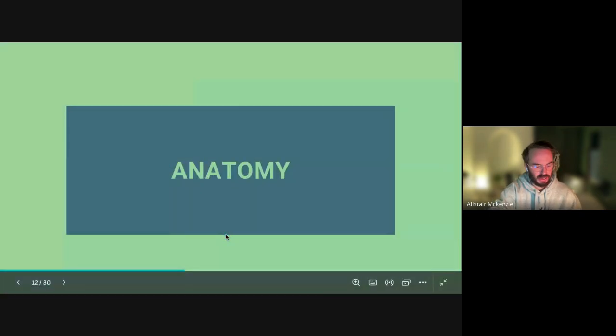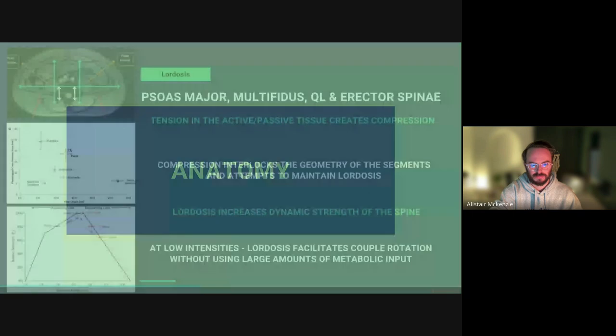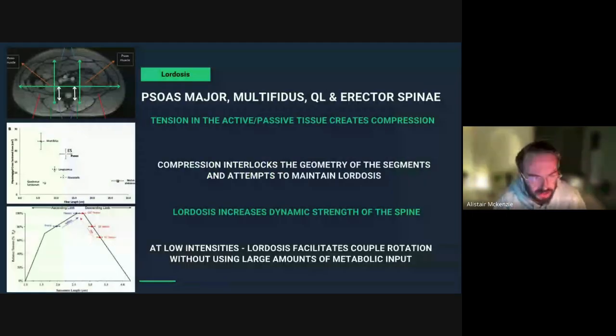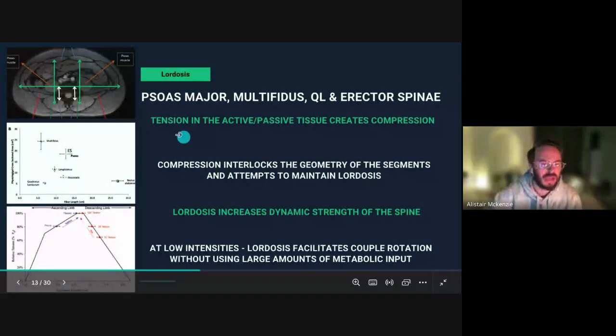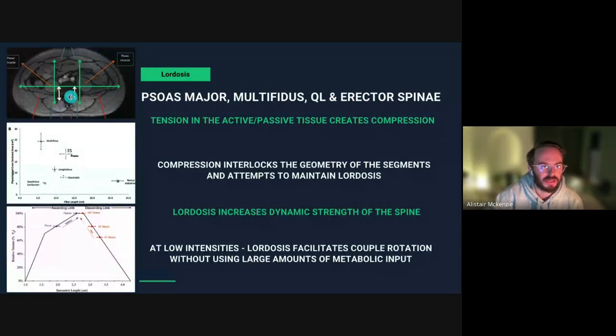Okay, let's look at anatomy. So restoring the lordosis. If you look in the top left here, this axial MRI, you can see the spine here, and we have the psoas major on either side, this big cylindrical shape.